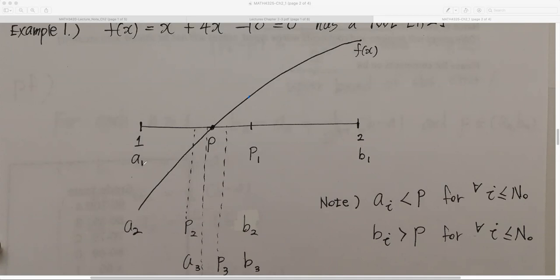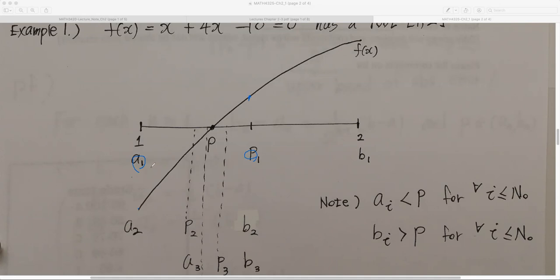Why? Because now we can still apply the intermediate value theorem. The sign of f of a1 is negative, and the sign of f of p1 is positive. Then the intermediate value theorem guarantees that there exists a root between a1 and p1.